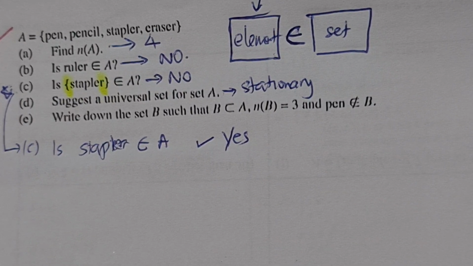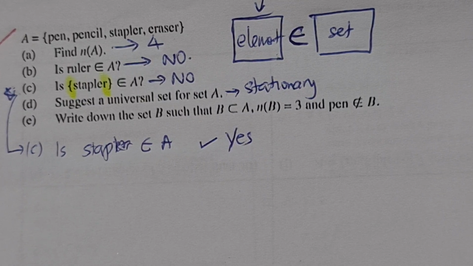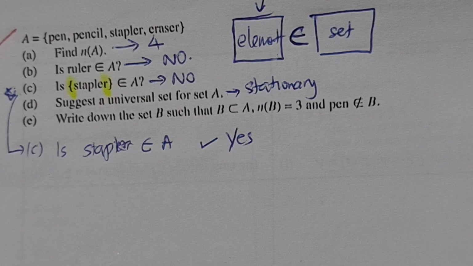Part E: write down a set B such that B is a proper subset of A. There are three conditions given, so this is another star.